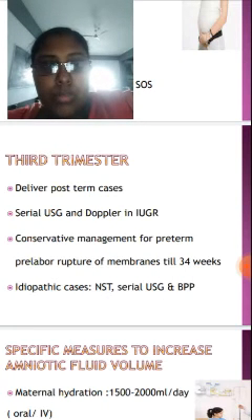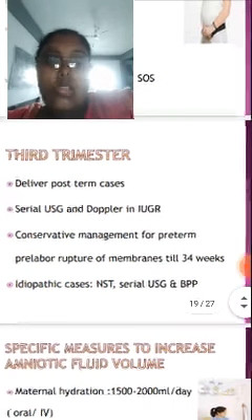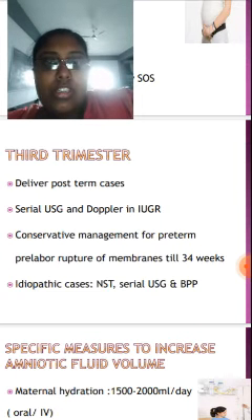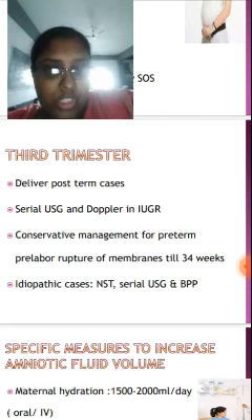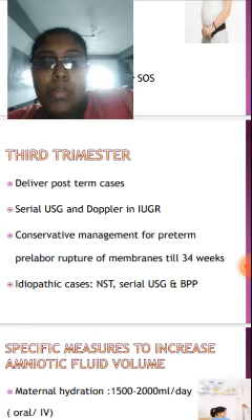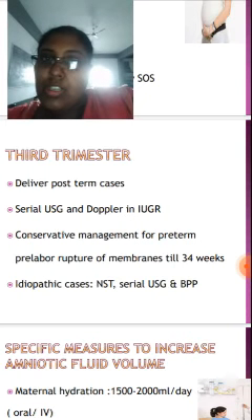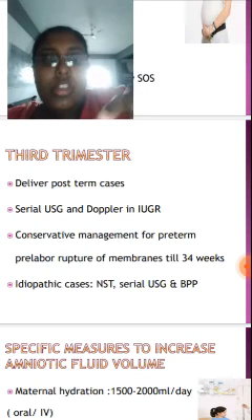Then conservative management in case of preterm. If it is a preterm baby, not completed 37 weeks of gestation, conserve the pregnancy by some measures like amnio infusion. Then pre-labor rupture of membrane: at least wait till 34 weeks of gestation. Term is 37 weeks, but at least you should wait for 34 weeks.